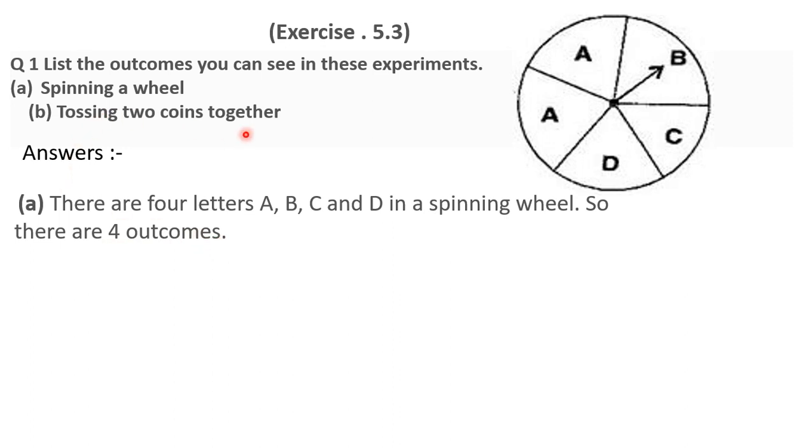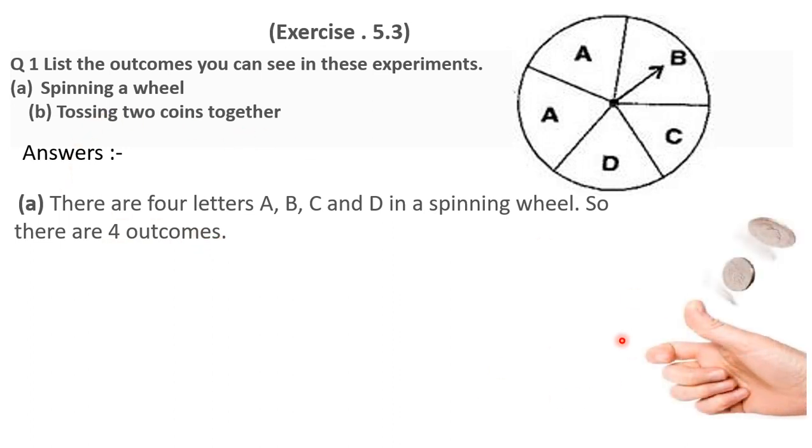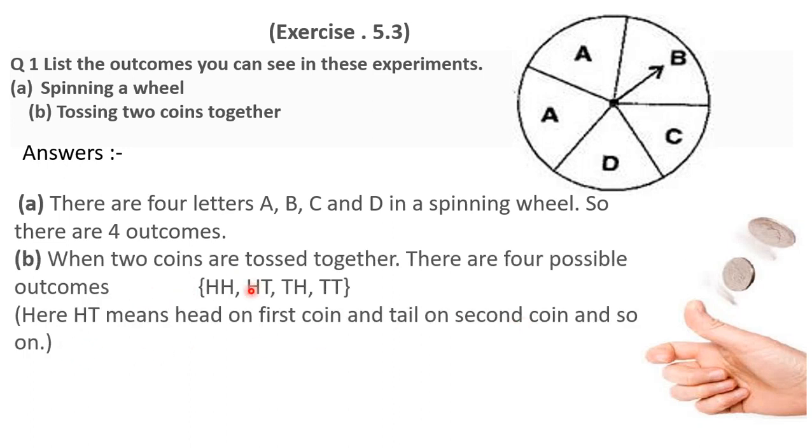For the second, tossing 2 coins together. When we toss 2 coins together, we get these outcomes. If one coin gives H, the second coin can also give H. So the first outcome is HH. First coin gives H and second coin gives tail, so HT.